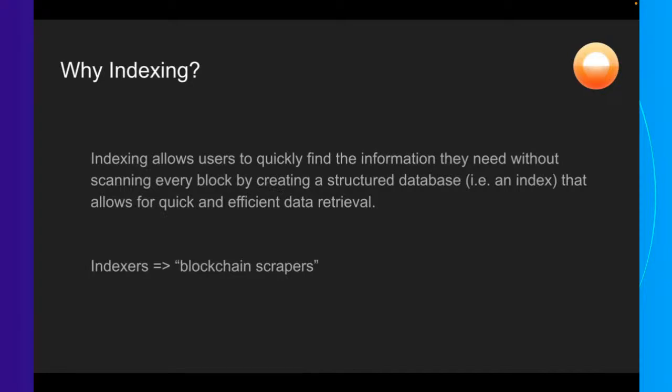All these records that we talked about earlier, these indexers are going to be scraping that data and then saving it in a structured database separate from the blockchain, in a way that allows us to do more complex queries, and to optimize the data layer separately from the blockchain itself. So this is a much more resilient and much more efficient way of querying data from the blockchain itself.